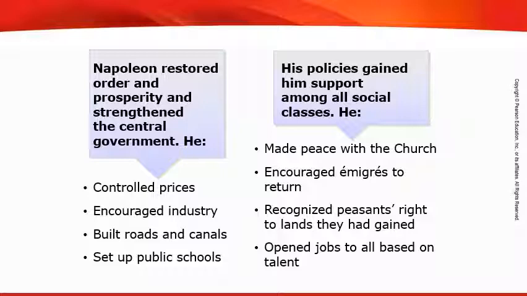For example, he controlled the prices, he encouraged the expansion of industries, he started to build roads and canals. The purpose of these big projects was to allow him to create jobs for the public and to decrease the possibility of protests against his government. He set up the public schools.